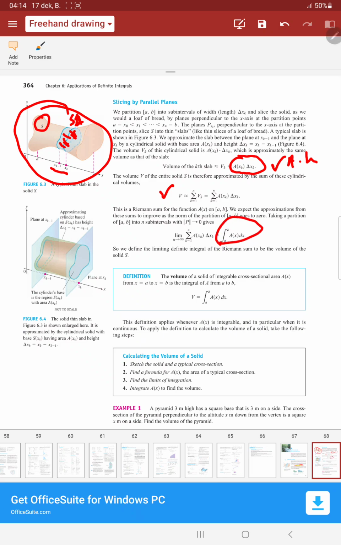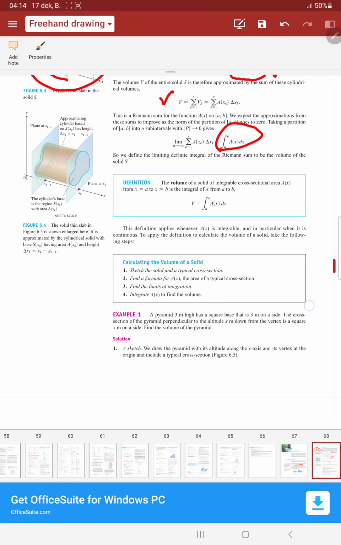And this is really important for us. So the volume of a solid of integrable cross-sectional area, of course it should be integrable, otherwise how are we supposed to find the integral, from x equal a to x equal b, is the integral of A from a to b.